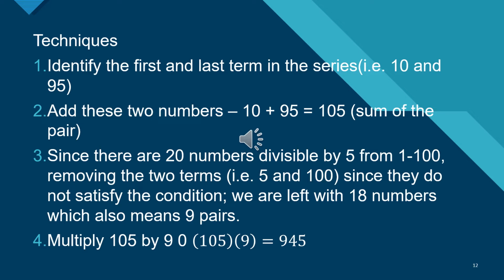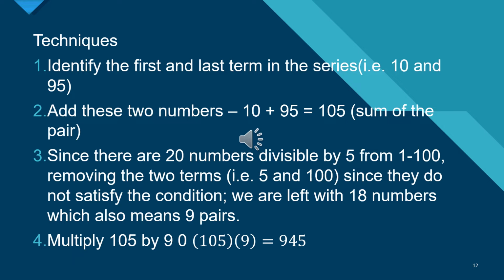So we begin with 10, because 10 is the first two-digit number, and it's also divisible by 5. Next to it would be 15, 20, 25, 30, 35, 40, 45, 50, 55, 60, 65, 70, 75, 80, 85, 90, 95. And we do not include 100 because that's already a three-digit number.